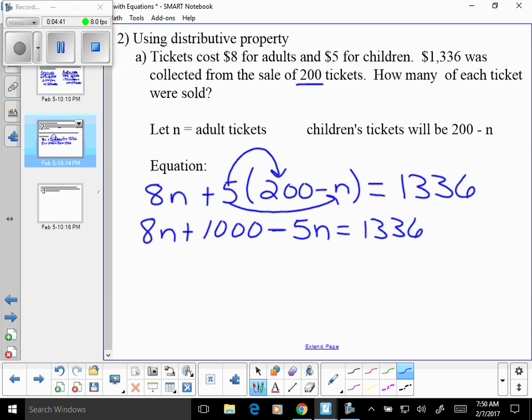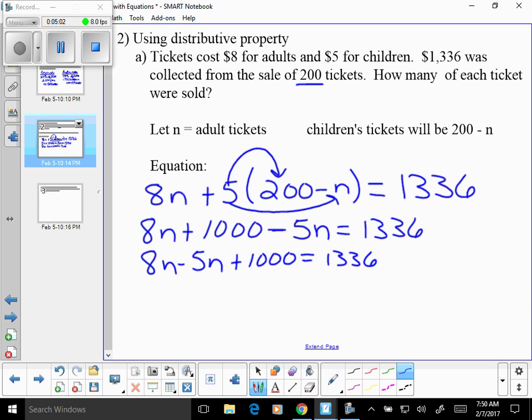Now going back to the skills we had in chapter 2, we are going to simplify like terms. 8n minus 5n, we're going to group those like terms first. This is usually an optional step. We usually do this mentally. Plus our 1,000 is going to equal 1,336.